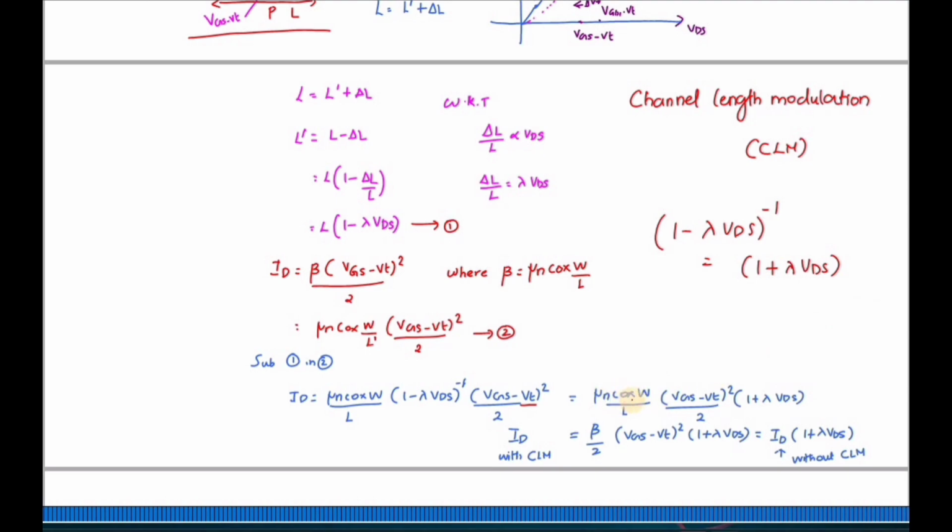So I substitute this value instead of this one. Now this whole term will look like ID. So I can write ID with channel length modulation is equal to ID without channel length modulation into 1 plus lambda VDS.